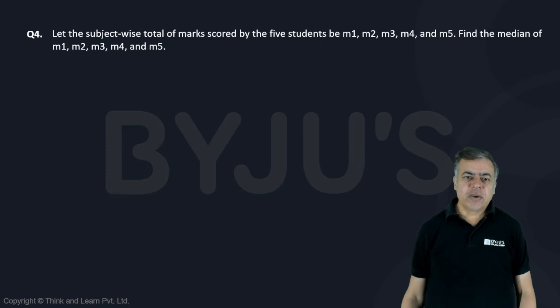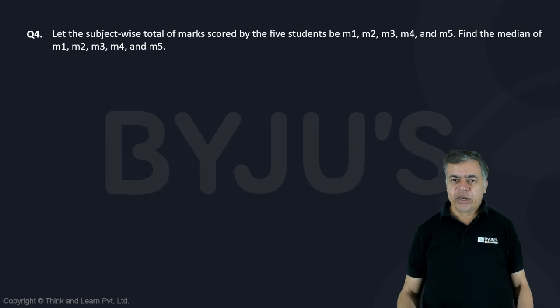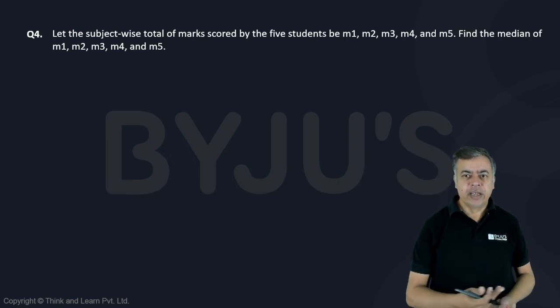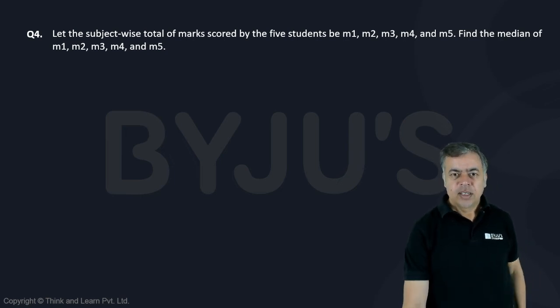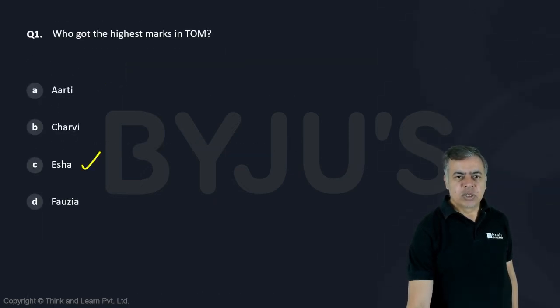Now, subject-wise total of marks scored by 5 students, M1, M2, M3, M4, M5. Find the median of M1, M2, M3, M4, M5. Right? Now, subject-wise total we need to take, and then the median. Median of subject-wise total. Okay, just see what he wants. Subject-wise total.